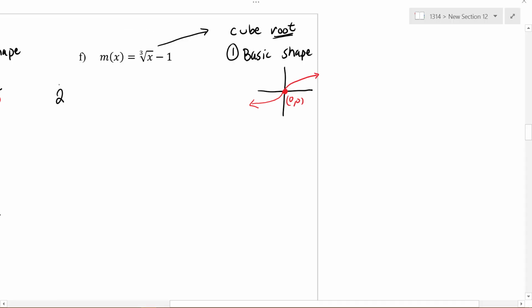Okay, so the second thing we're going to do is we're going to look for any shifts. Okay, so when I look underneath that cube root symbol, I do not see anything being added or subtracted. So there, in this case, is no inside change. So that means that there is no horizontal shift.